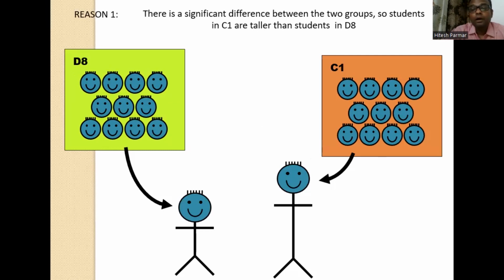Significant difference means what? Age difference. One group is 7 years of age and the second group is 11 years of age. So obviously the group which is 11 years of age will definitely be taller than the 7 years of age group, right? So this could be reason number one.